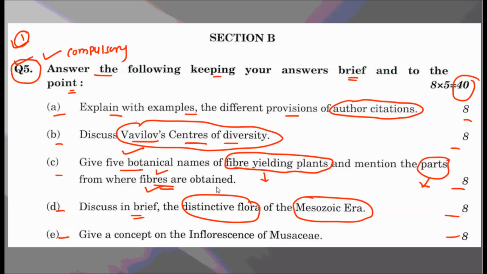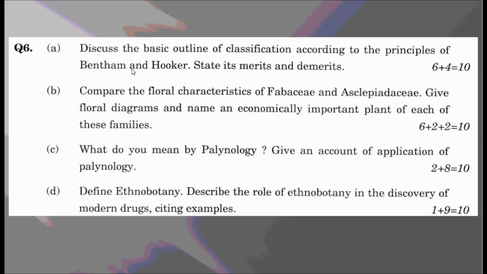All right. The next question is to give a concept on the inflorescence of Rosaceae. Rosaceae is an angiospermic family, and you have to give a concept on its inflorescence. The next question is the sixth question, and this one is not a compulsory question. You will get a choice for this.